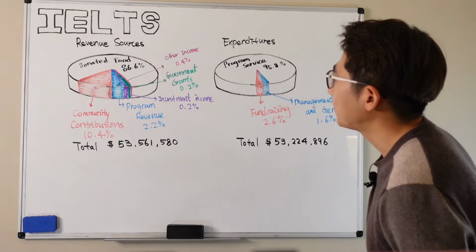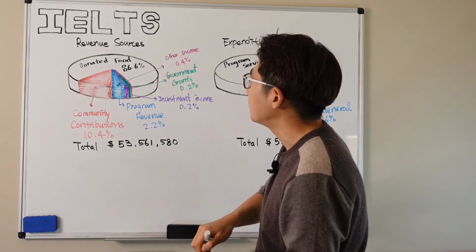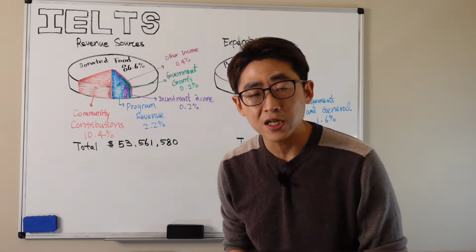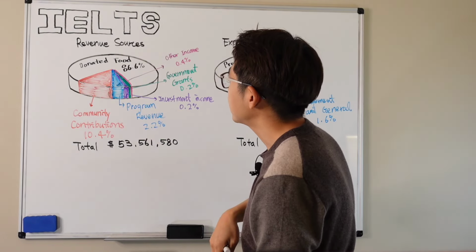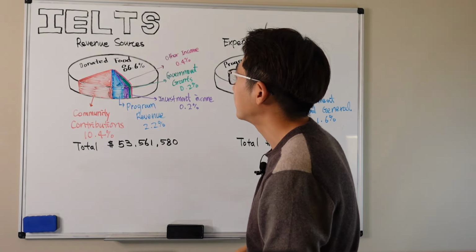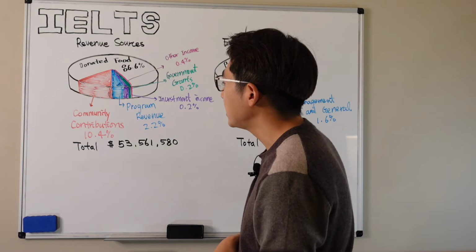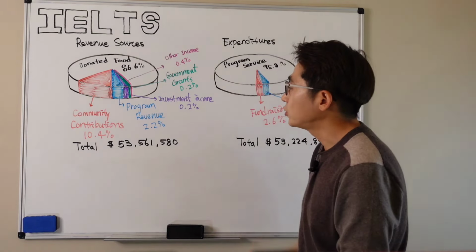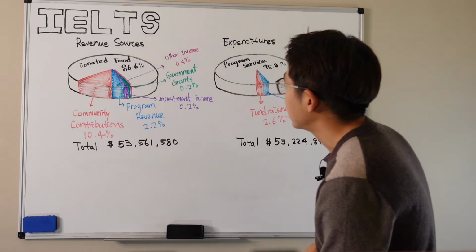Okay, so we also need to use these data, and we know that the data is represented in percentages. And also, there are several sources that are visible here. The major source of their income was donated food. Second was the community contributions, and then they earned 2.2% of their money from program revenue, and so on.